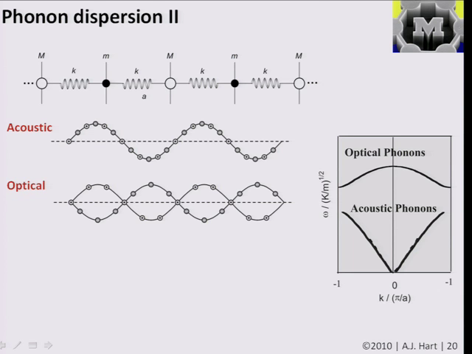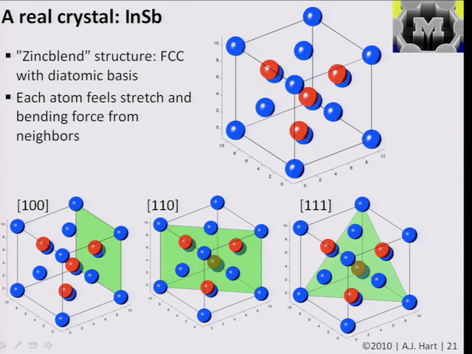So this is all one-dimensional chains, and we can extend this to a real three-dimensional crystal. And this stuff is kind of hard to visualize, but just to take away a little bit of the flavor, we'll consider basically an FCC crystal with two atoms at each basis point.